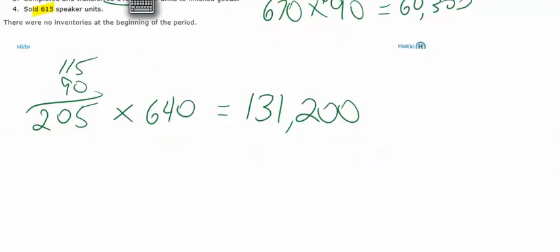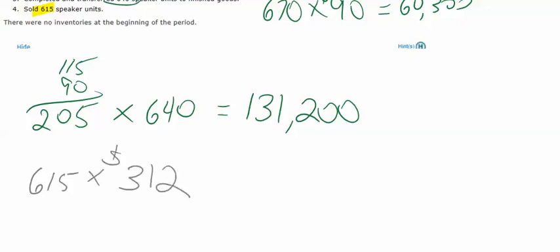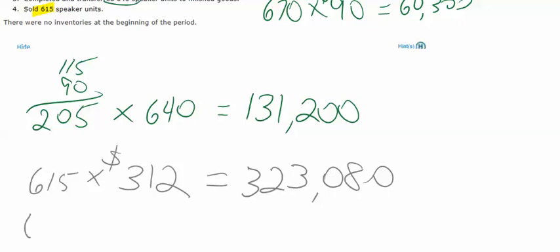So 615 times $312, $323,080. I'll debit my accounts receivable. I'll credit my sales for $323,080.